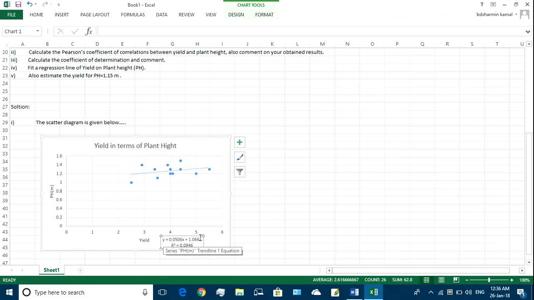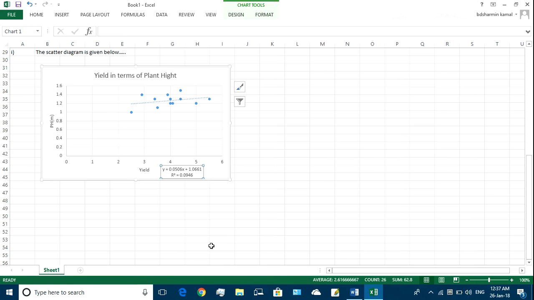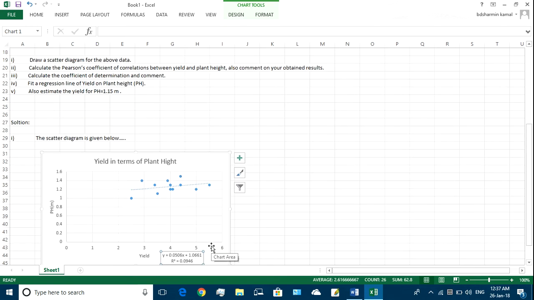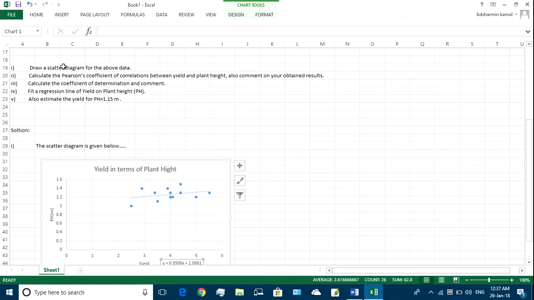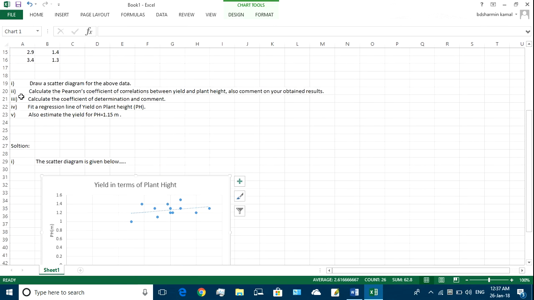So this regression line is not the expected regression line which is to be determined in question 4. Okay, now this is the answer of question 1, and let's find the answer of question 2.